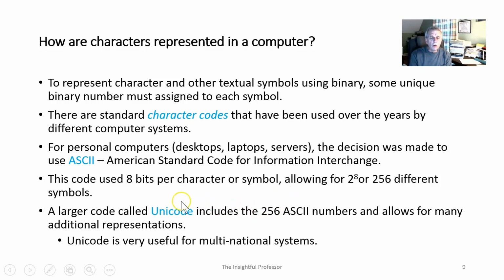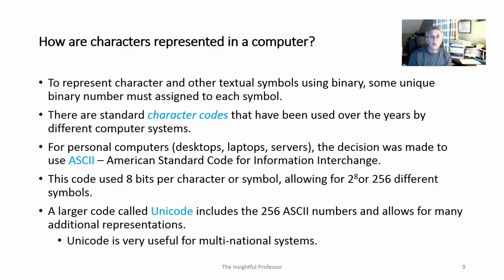Another code to be aware of is something called Unicode. Unicode includes the 256 ASCII numbers, plus it includes many more, which allows us to deal with multinational systems. So if we're dealing with, say, Japanese katakana, for example, we're going to have more than the characters that we have in our Roman alphabet.